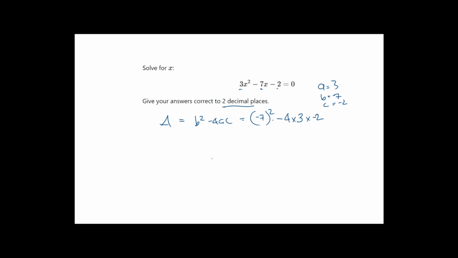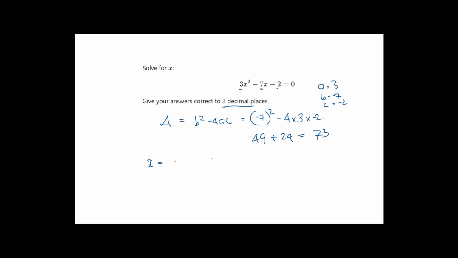So minus 7 squared is 49. Minus 4 times 3 is 12, times negative 2 is positive 24. So that's going to be 73. So our answer is going to be x equals minus b.